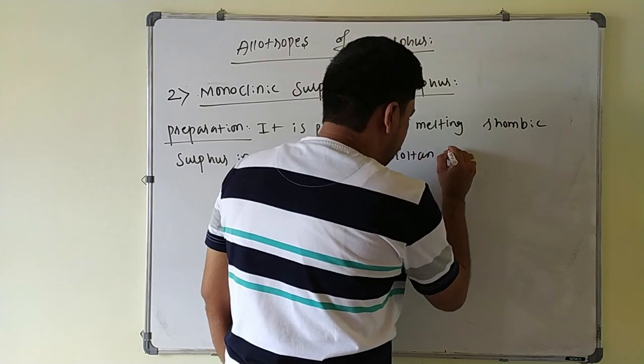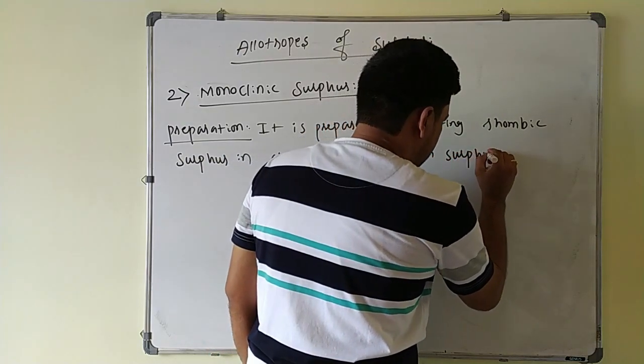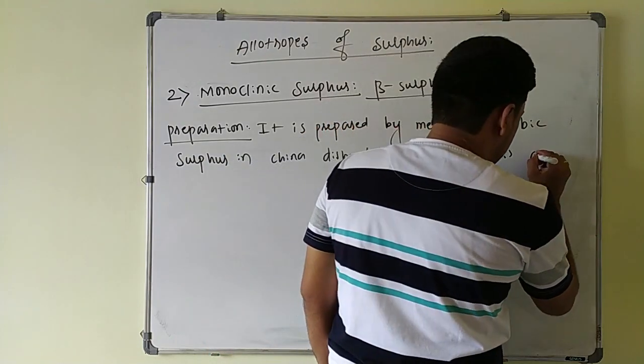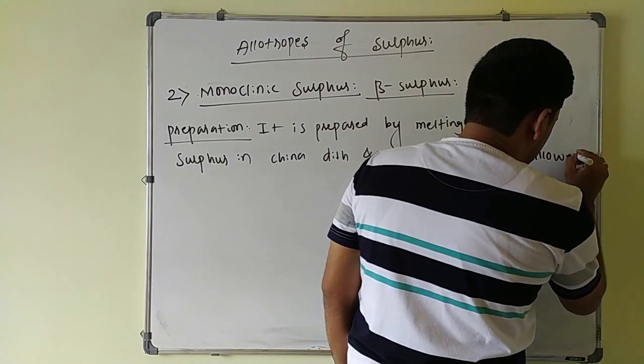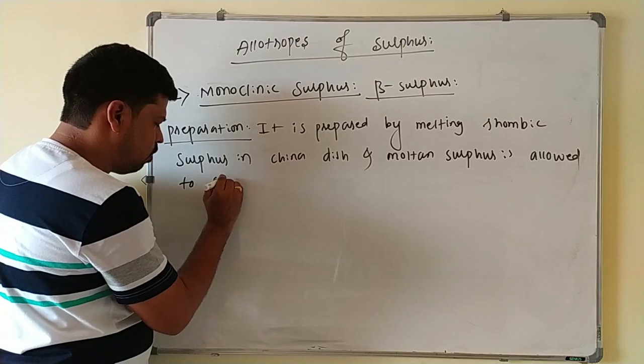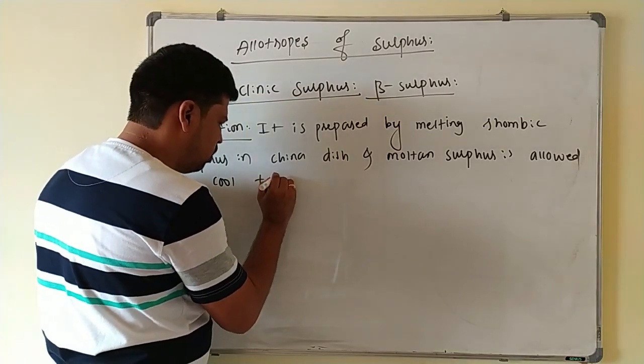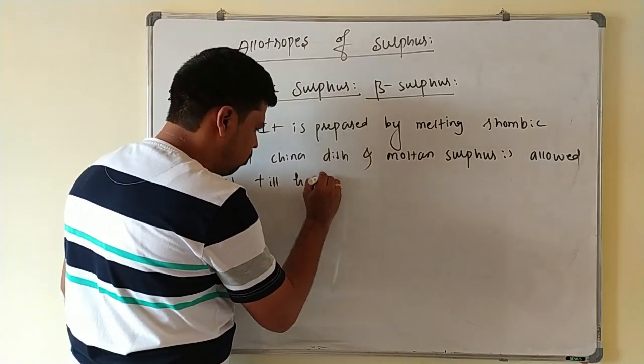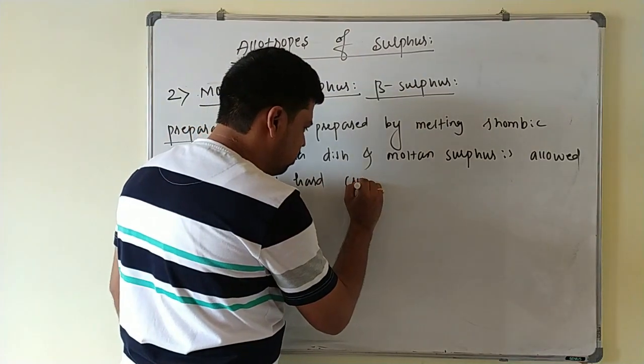That molten sulfur is allowed to cool till a hard crust is formed.